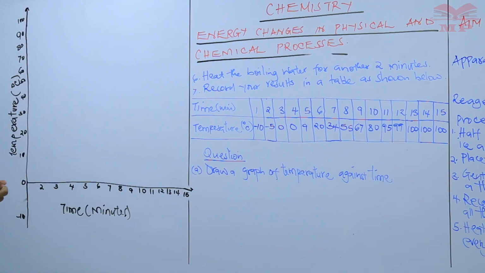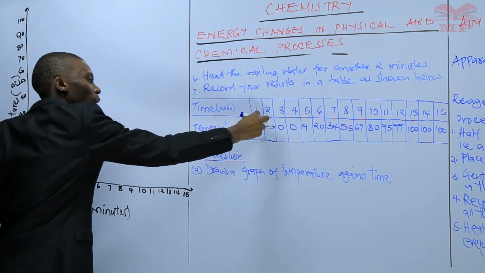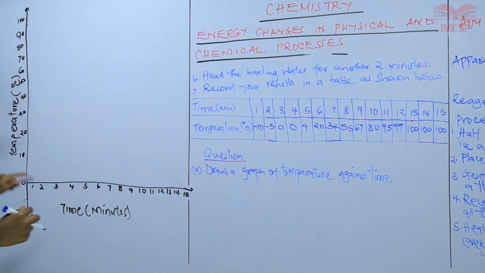So our lowest temperature was -10 at the first minute. So this is our first minute. Assume that the first minute is here. The first minute you have -10, so you plot 1 against -10. So we have 1 and we have -10 on the y-axis. So our plot should be at that point.